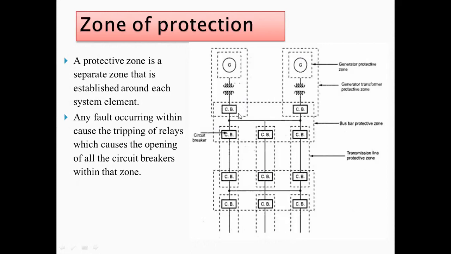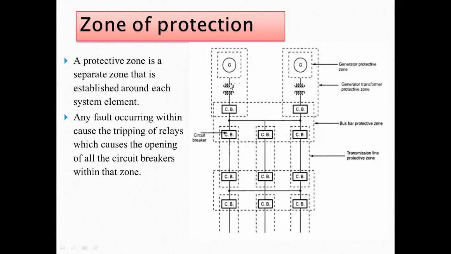Overlap means what? If we miss any line to overlap, suppose we are protecting this generator separately and we are protecting this transformer separately, and in between these two we are not protecting that line. Then what will happen if the fault occurs there, in between the generator and transformer? Then that line cannot be protected, right?